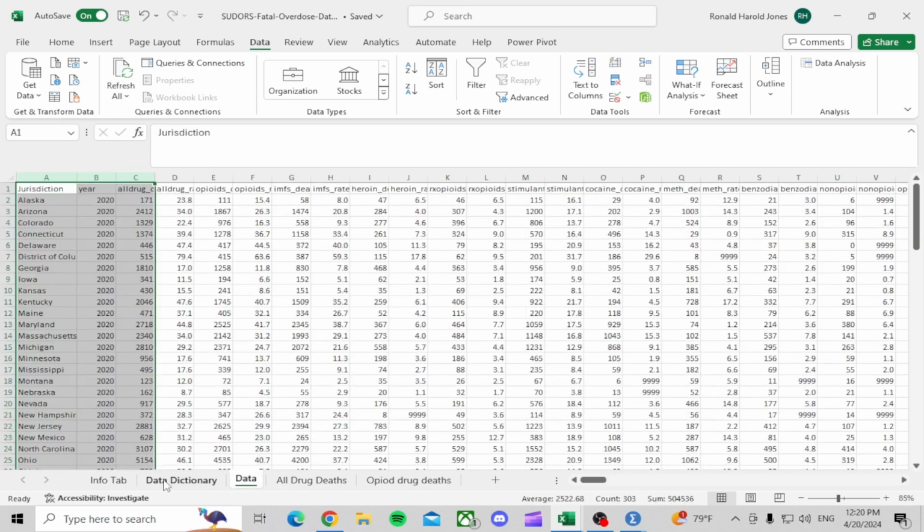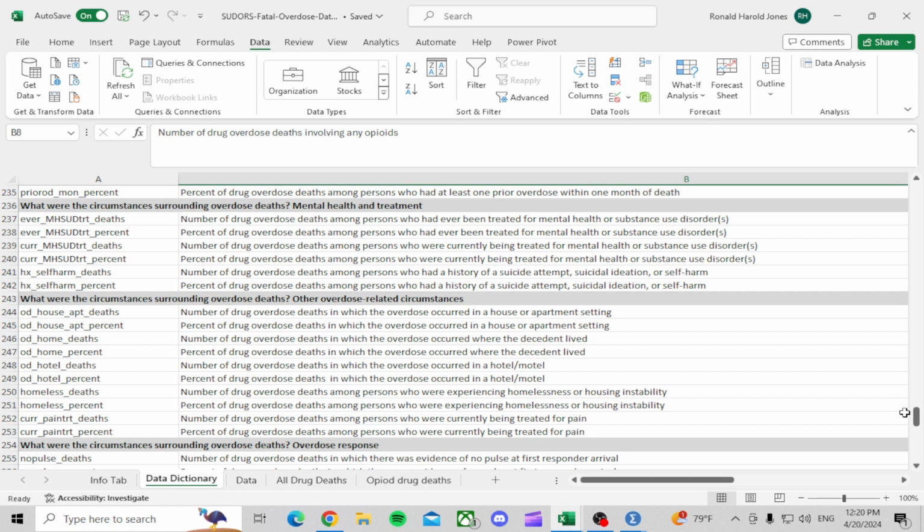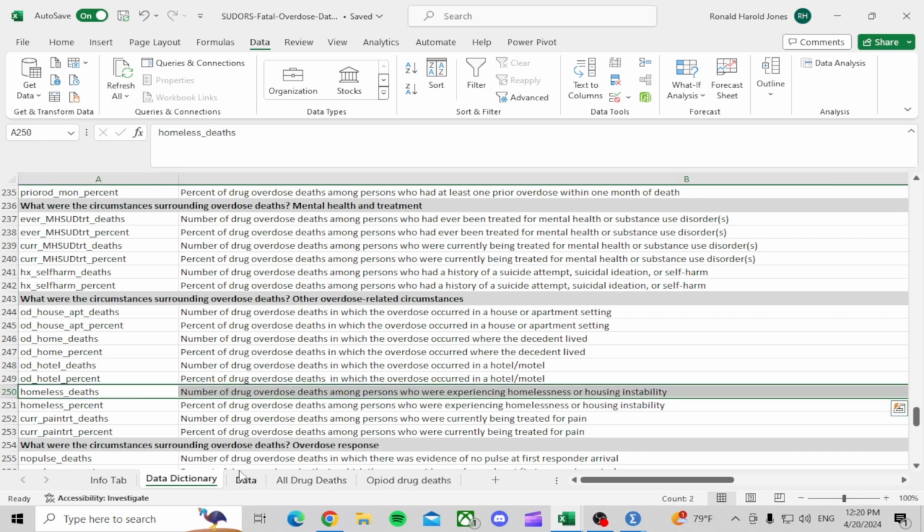Now let's look at our data and let's see. Okay, number of drug overdose deaths amongst persons who are experiencing homelessness or housing instability. That is a good independent variable.